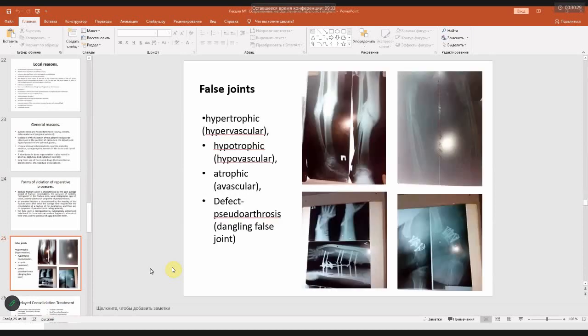False joint types: hypertrophic hypervascular, hypertrophic hypovascular, atrophic, and defect pseudoarthrosis, and dangling false joint.